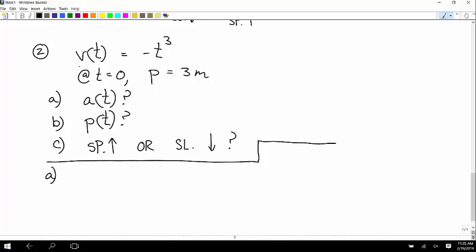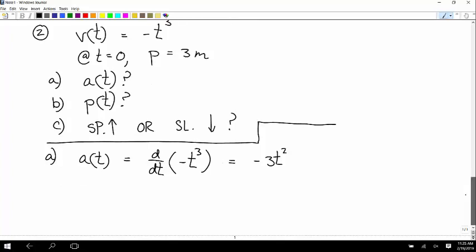To find the acceleration, we're just going to take the time derivative of the velocity. So the acceleration as a function of time is the time derivative of negative t cubed, and that's negative 3t squared. And you don't need a constant of integration for that because you're differentiating.